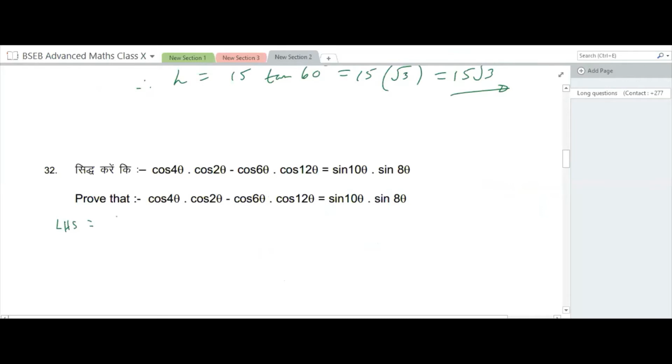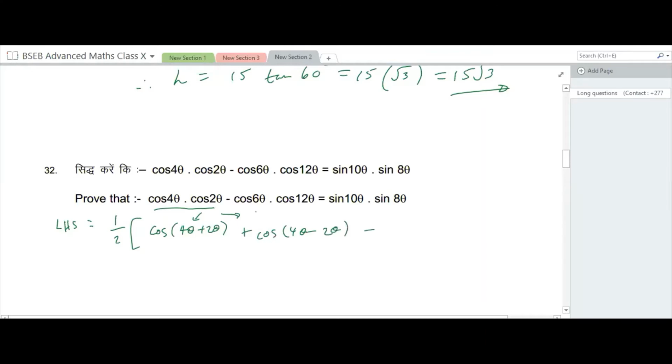That's half angle, which should give me cos A minus B plus cos A plus B. So let's do the plus, cos 4 theta plus 2 theta plus cos 4 theta minus 2 theta.